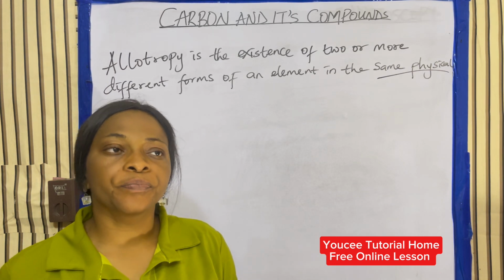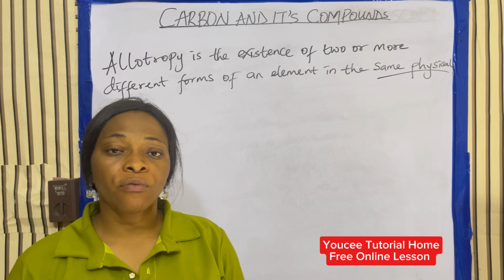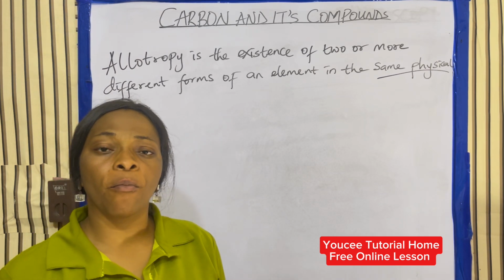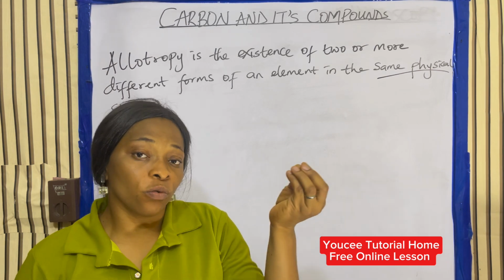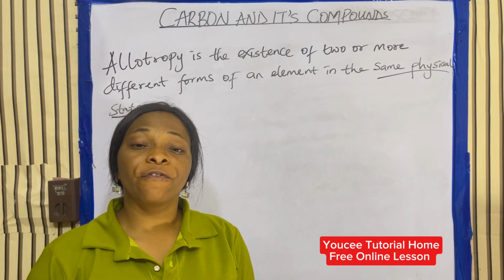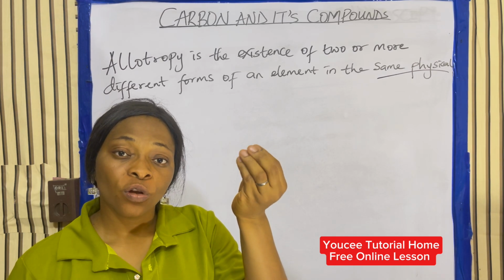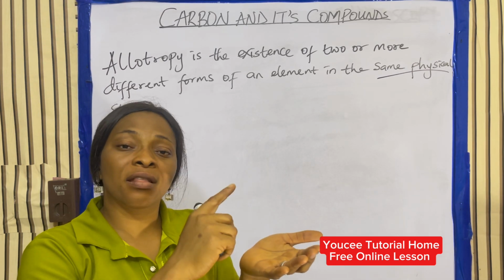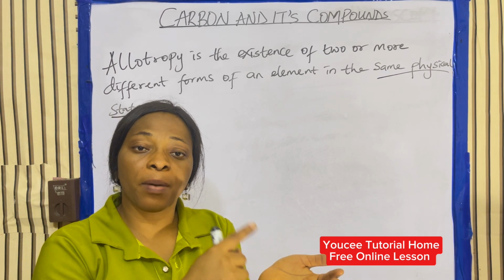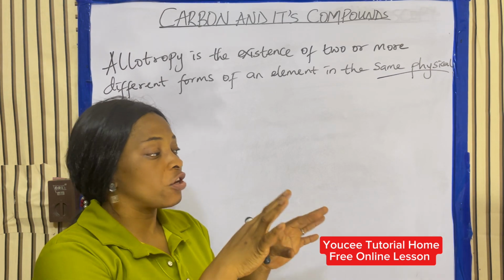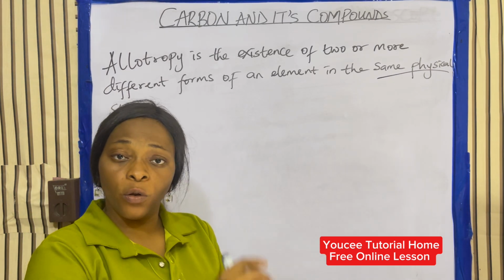For example, when you talk about carbon, you have carbon in the form of diamond, charcoal, and ash. We call it ash, soot. Soot is what is found in the exhaust of a motor exhaust pipe, or when a generator is heating at a particular place, after some time, it begins to develop.